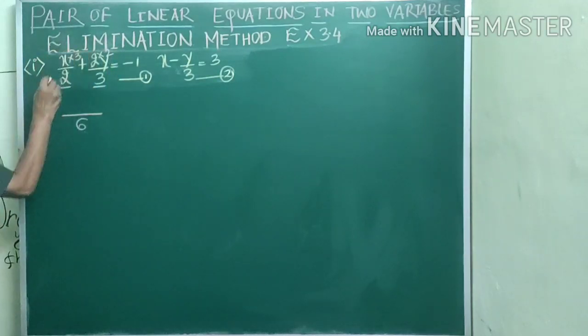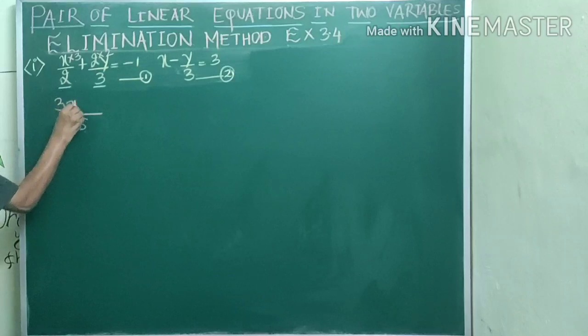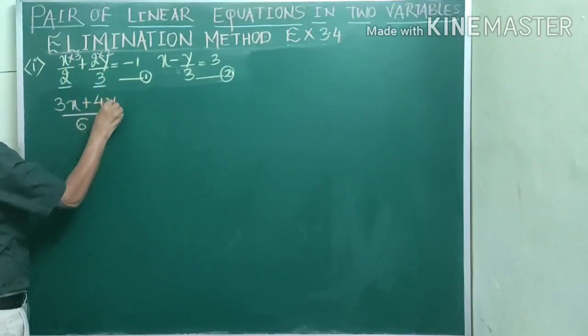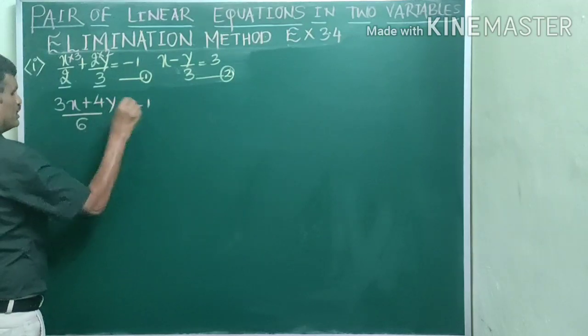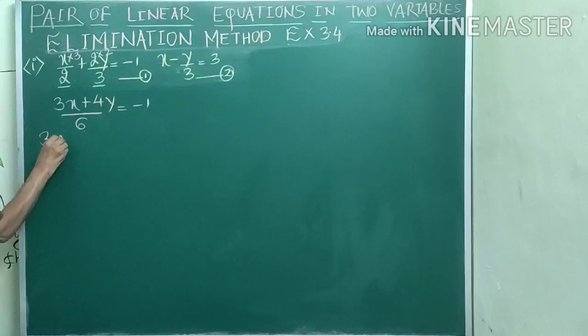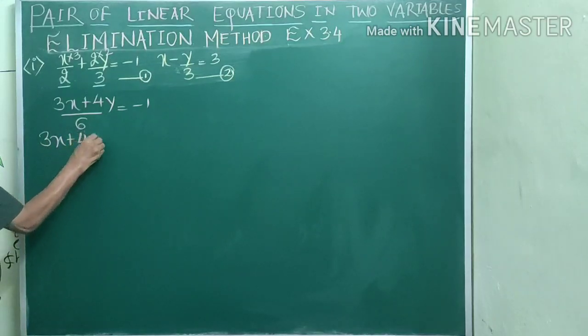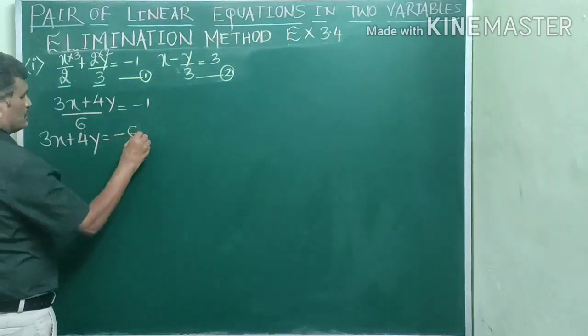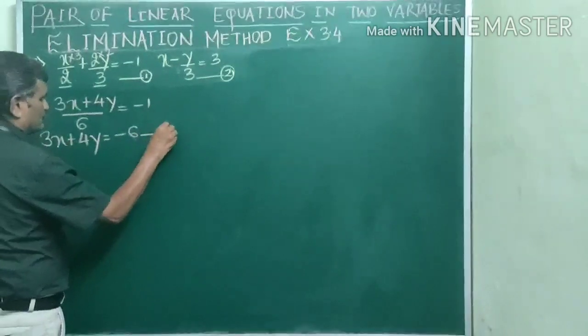So 3 into x is 3x and 2 into 2 is 4y is equal to minus 1. So it becomes 3x plus 4y is equal to minus 6. Now this I will call my first equation.